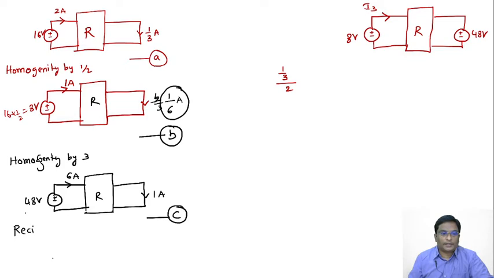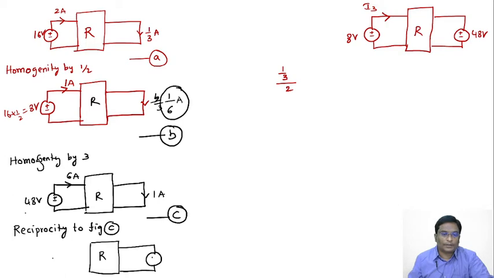Let us apply reciprocity to figure C. Interchanging the source from the input terminals to the output terminals, if I apply 48 volts at the output side and short these terminals, I will get the same response, 1 ampere, here. Let this be figure D.